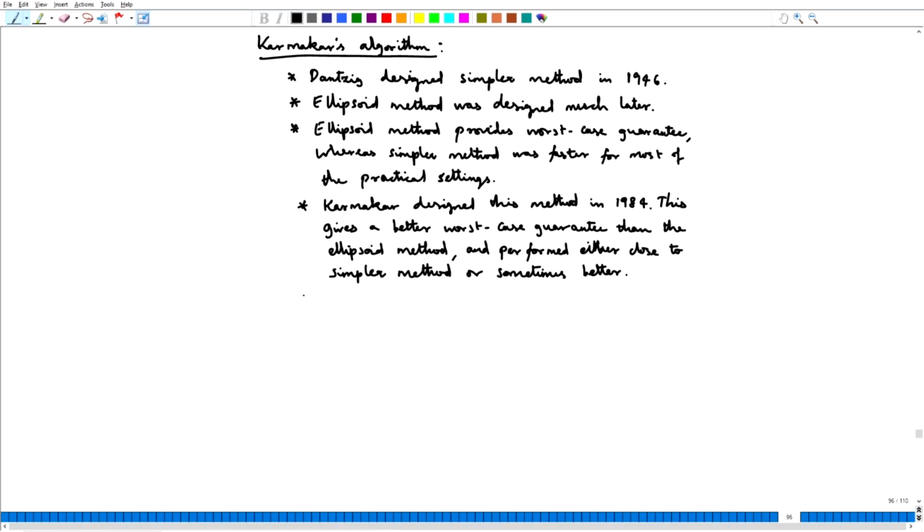I will also write this down: the affine scaling method is a simplified version of Karmarkar's method, or Karmarkar's algorithm.